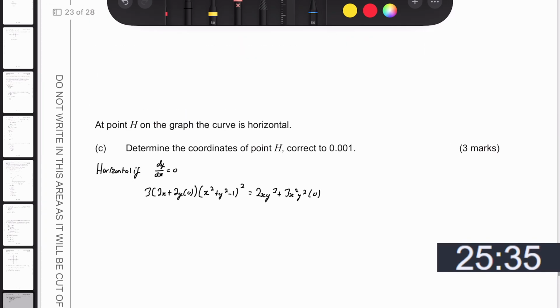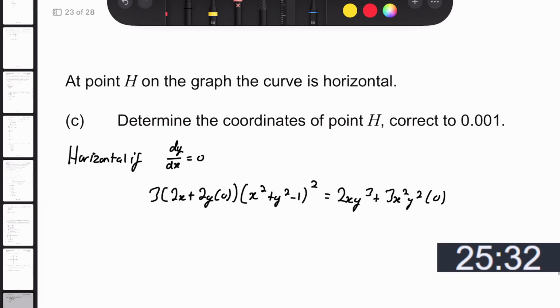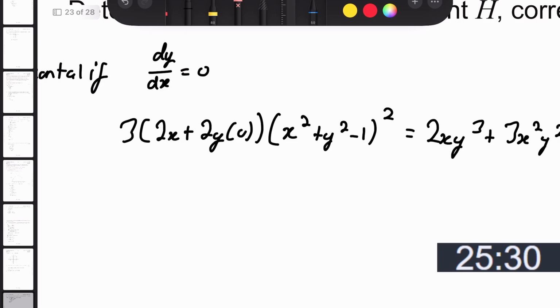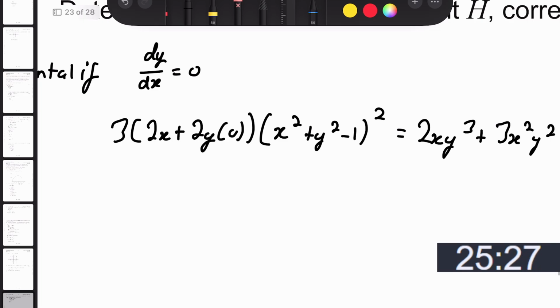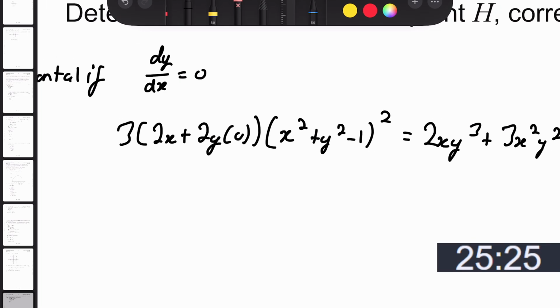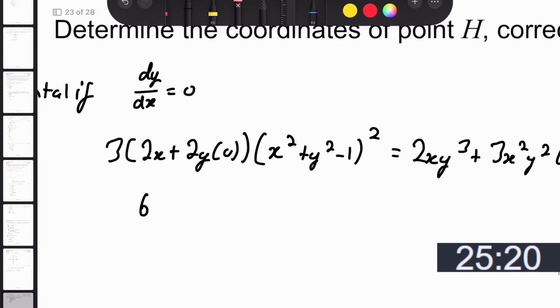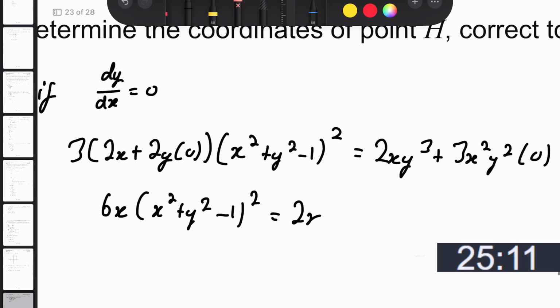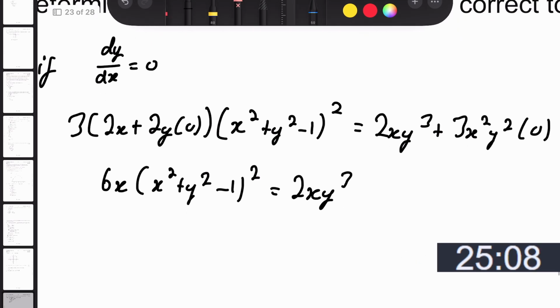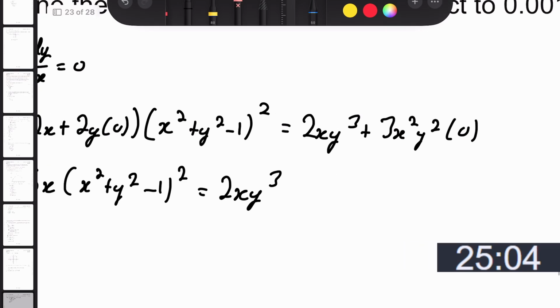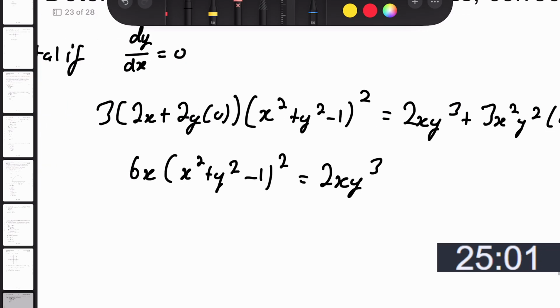How am I going to determine the coordinates of point? Oh, never mind. Okay, yeah, I think I know where it's going. I'm going to have to sub it into the original thing, I think. So we get 6x, because that disappears, outside of (x squared plus y squared minus 1) squared is going to equal 2xy cubed.